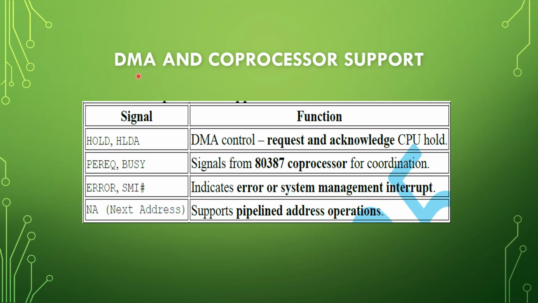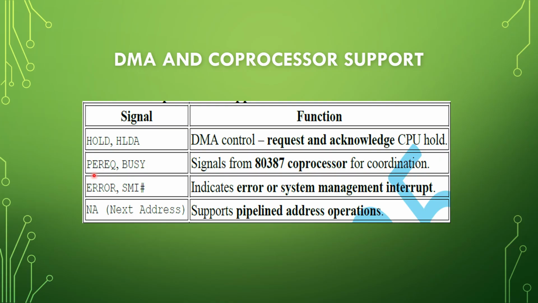Then comes the DMA and coprocessor support signals, that is HOLD and HLDA. As I have already mentioned, these are the DMA control signals that are used to request CPU hold and also to acknowledge the CPU hold.